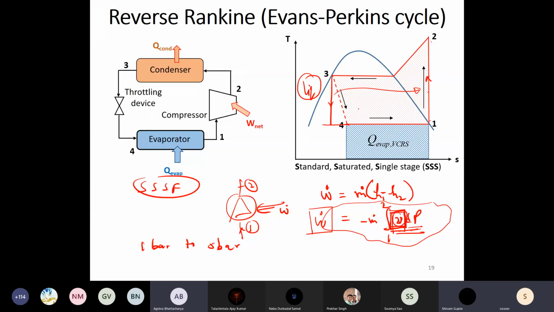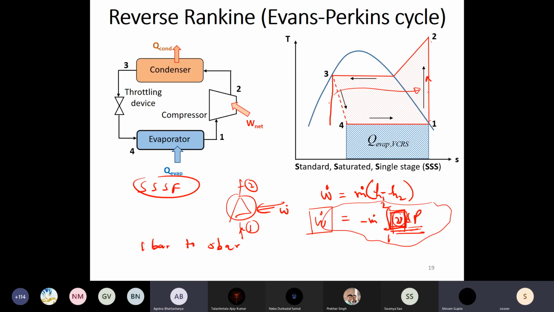So capital investment is high, maintenance could be high just to extract that 10% or 5% of additional work that we can get here. So we completely disregard this isentropic expansion process and we move to a lossy process. So this would have been a reversible adiabatic process.